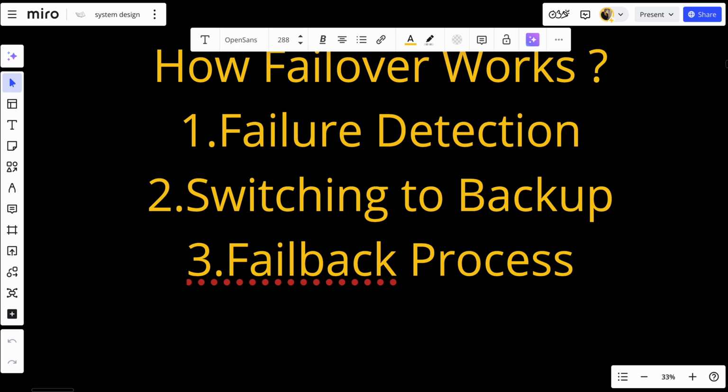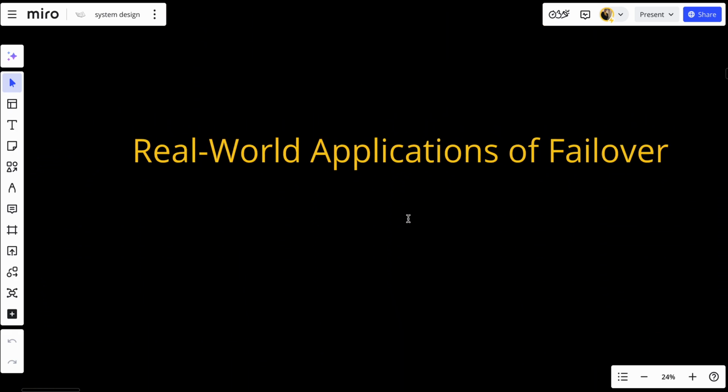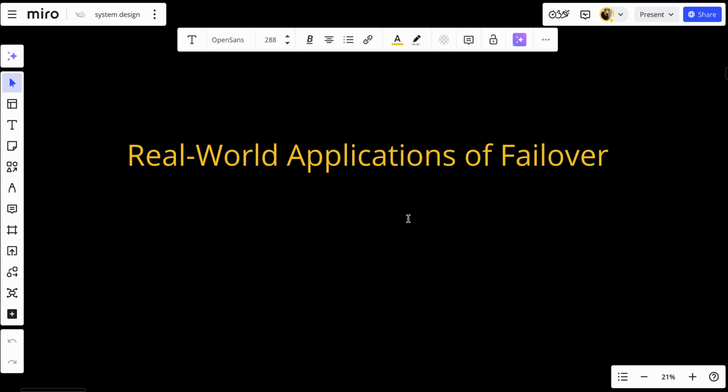Okay, let's talk about real world applications of failover. The first thing that we could talk about is cloud service providers. Cloud service providers like AWS and Google Cloud use failover mechanisms extensively. They replicate data across multiple regions so that if one region experiences an outage, services can fail over to another region, ensuring uninterrupted availability.